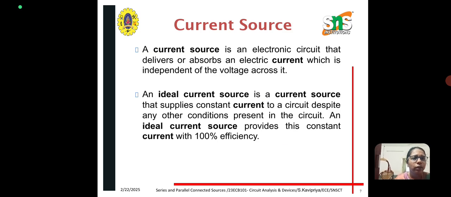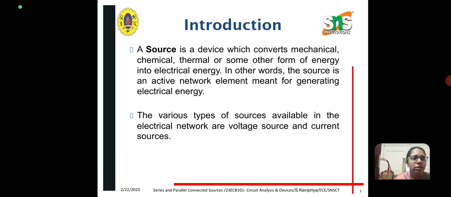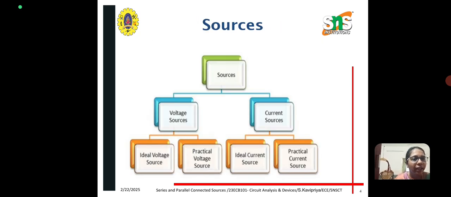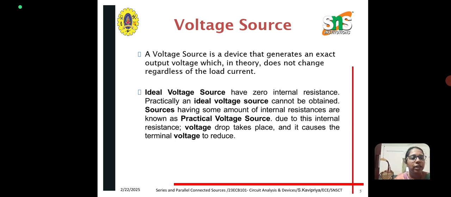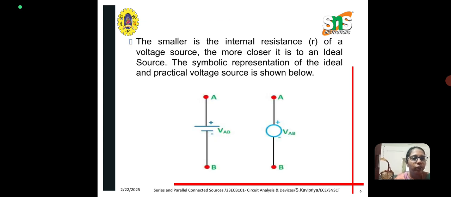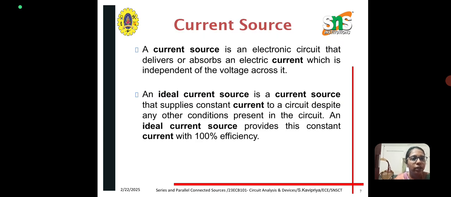Initially we have seen what a source is and what the types of sources are. We have seen what a voltage source is and what the types of voltage source are: the ideal voltage source and the practical voltage source.